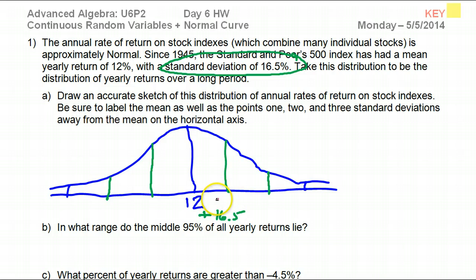And that's the next number over, okay, 28.5. And if I add that again, I'm getting 45. And again, if I do plus 16.5, I'm getting 61.5.